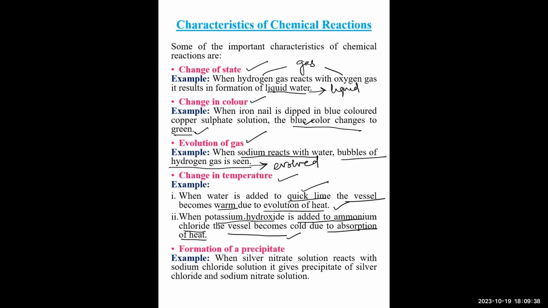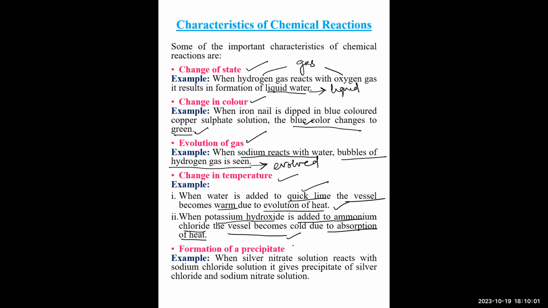So if you put potassium hydroxide in a vessel and mix it with ammonium chloride, then the vessel after the chemical reaction is going to become cooler. The main reason is that absorption of heat takes place over here. So this is about the change in temperature characteristic of chemical reactions.